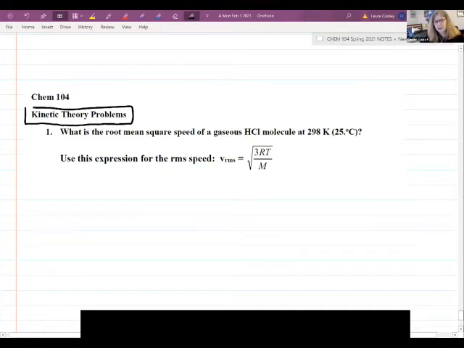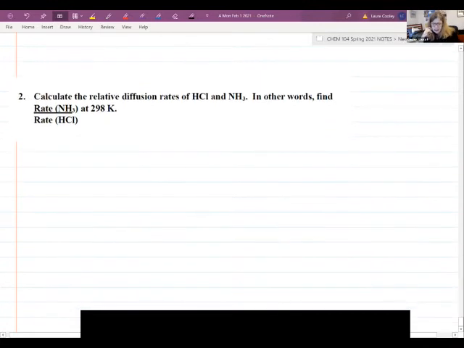Problem one we're going to do after we do two, so let's go to two first. This is to calculate the relative diffusion rates, in other words, the ratio of the rate of one to the rate of the other. I always put the lighter one on top because it's moving faster and I want my ratio to come out greater than one.